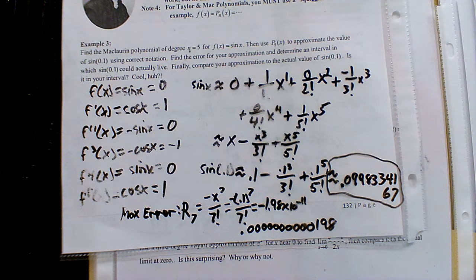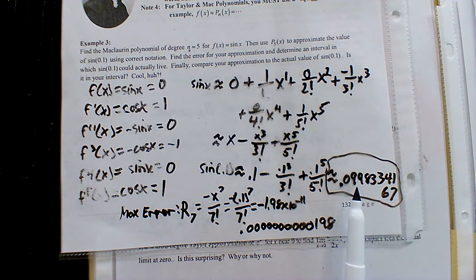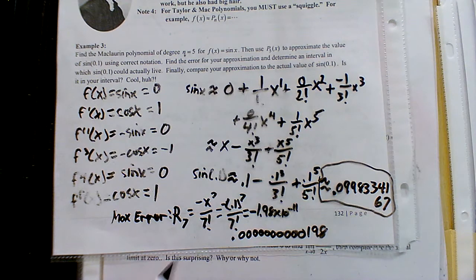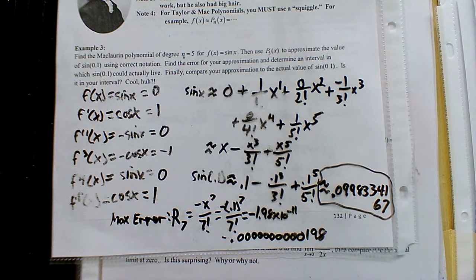So the error for the next term, we know it has to be from this value that we just calculated. And the 7th term is being subtracted. It's a negative. So we need to subtract it from this value, and that will give us the bounds within where our approximation should be at 0.1.